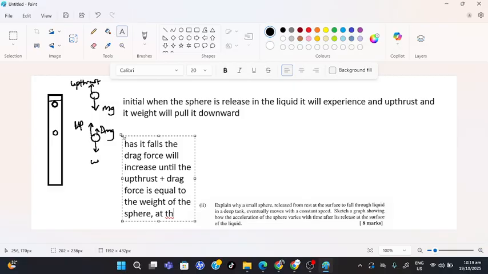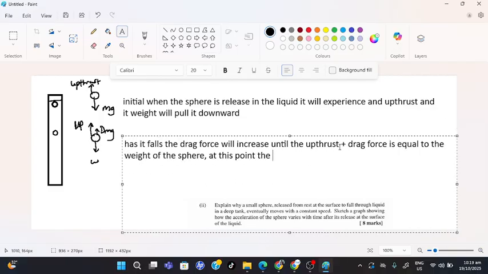At this point, the net force on the sphere is 0.